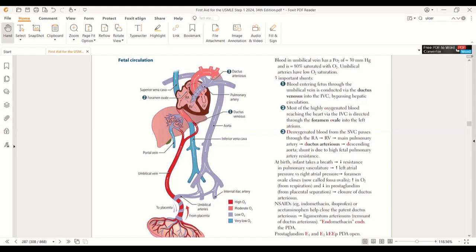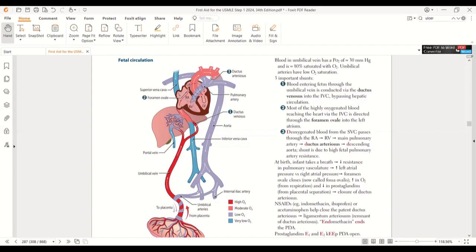From the right atrium it goes to the right ventricle and then the pulmonary artery. Because of the high pressure, it can't go to the lungs, but instead is transported to the aorta by the ductus arteriosus.